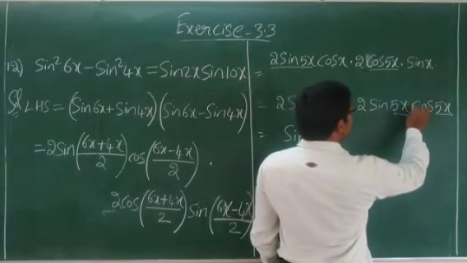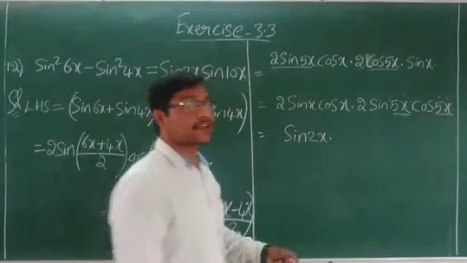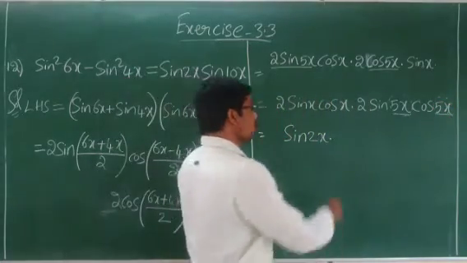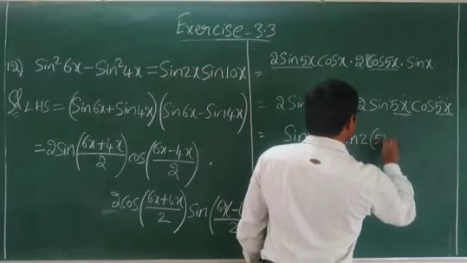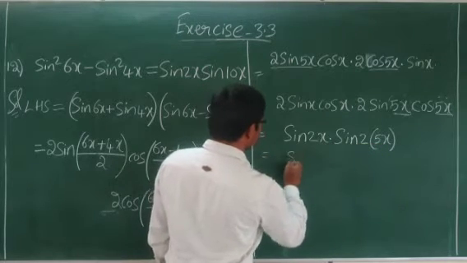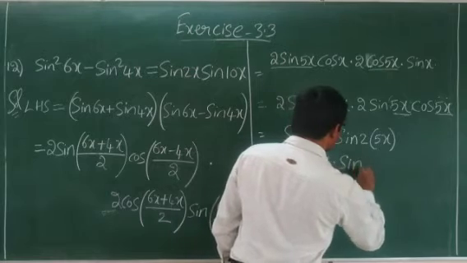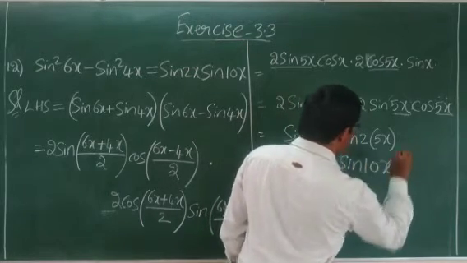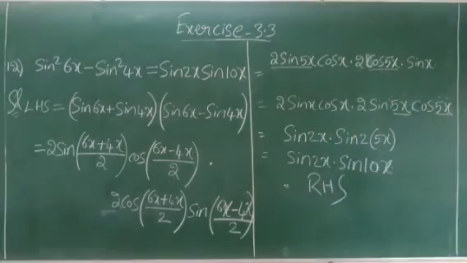If the angles are the same, only then we can apply the 2 sin theta cos theta formula. So that becomes sin of 2 into 5x, and sin 2x. So that is equal to sin 2x into sin 10x. So this is the result.